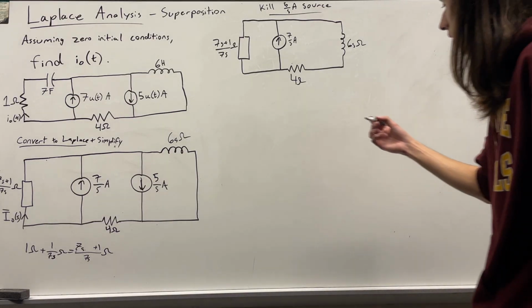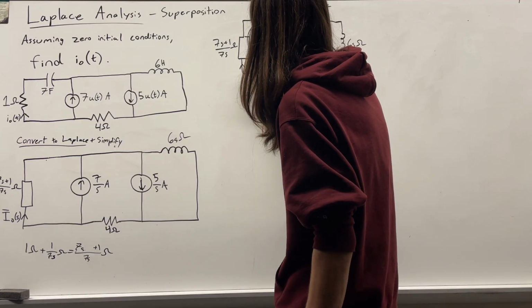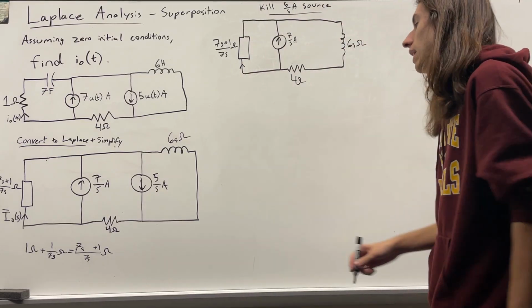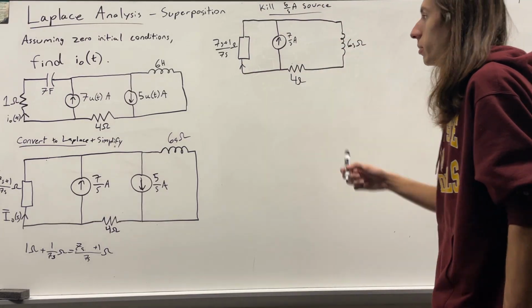Okay, so now we have the circuit with the 5 over S amp source replaced by an open circuit.